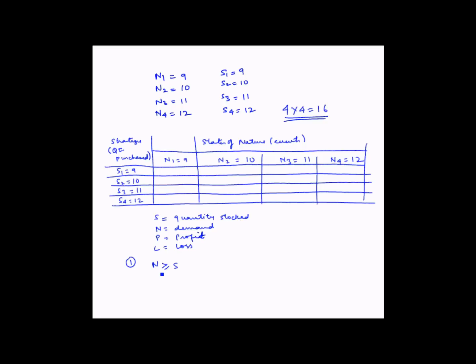Now, if we are able to sell all the magazines, what that means is that we'll be able to make a profit of 4 rupees per magazine. And since we are not returning any magazines unsold to the publisher, we'll not lose any money. So the formula becomes number of magazines sold, which is S, multiplied by the profit, which is P.